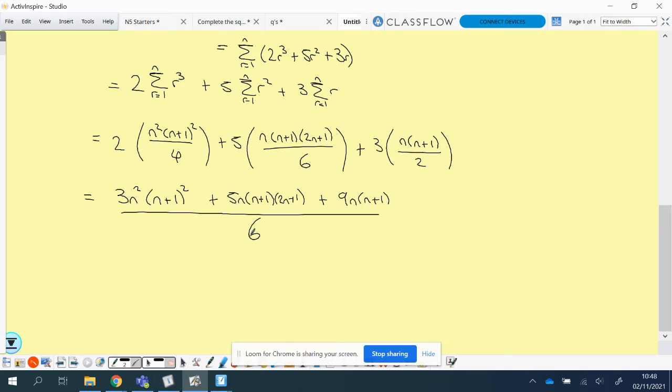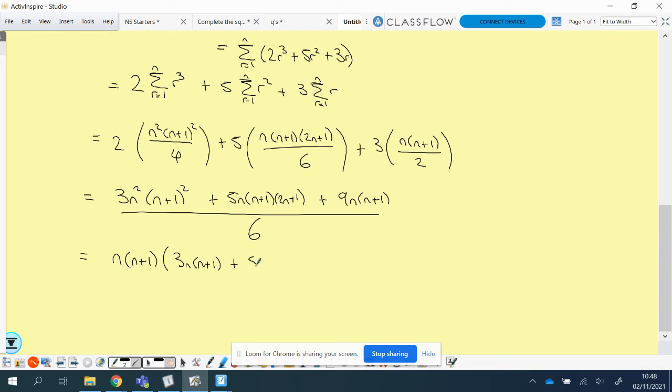So what I can do is take an n out and take an n plus 1 out, because each term has those there. So I'm going to have n bracket n plus 1 out of everything. My first term, I'm going to be left with 3n and n plus 1.